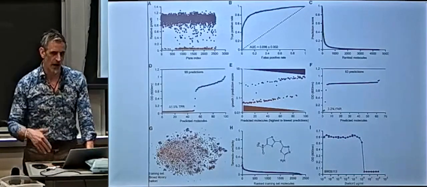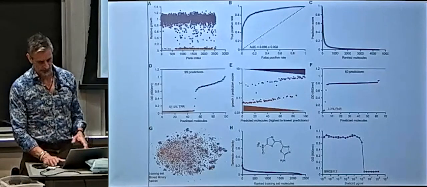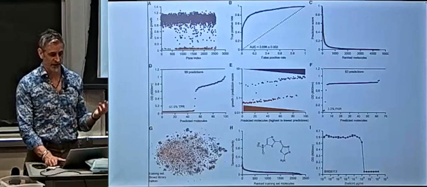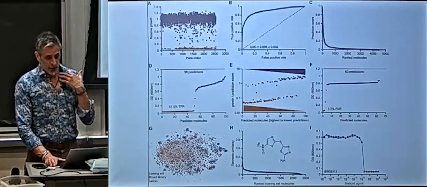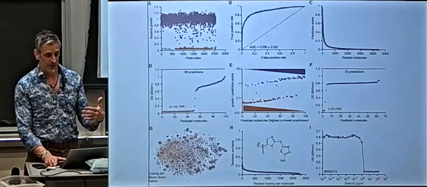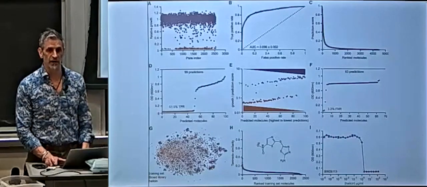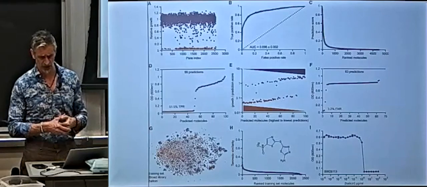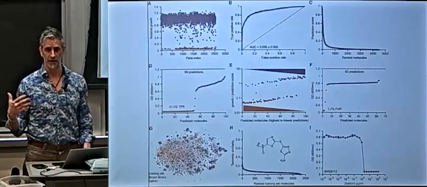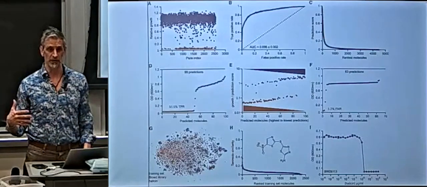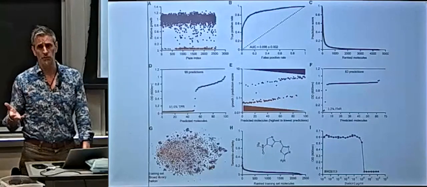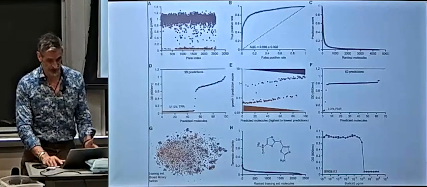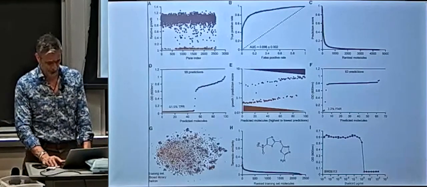So the model has a lot of predictive capabilities. Even in the top 100, it's only getting 50% of them right. But remember, our standard approach to drug screening and drug discovery is just looking at hundreds of thousands or even millions of compounds in hopes of finding at least a small number of leads.